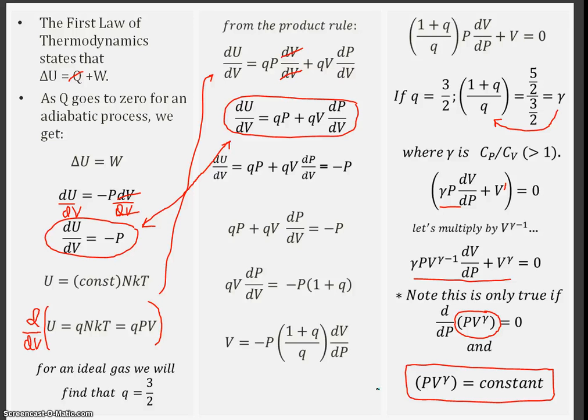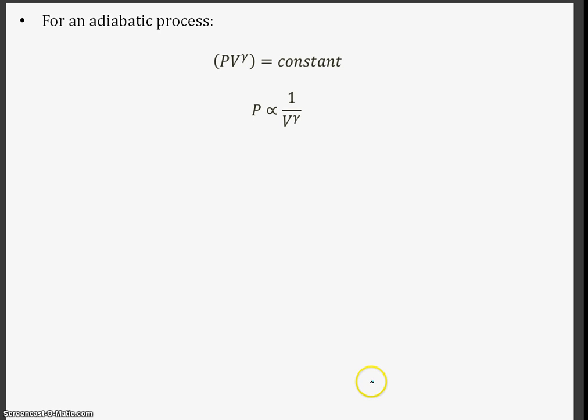Just like in an isothermal process, you got PV proportional to temperature, and that's constant. In an adiabatic process, you have PV to the gamma, the constant. So for an adiabatic process, P is inversely proportional to V to the gamma power.